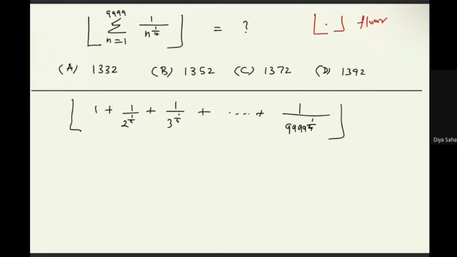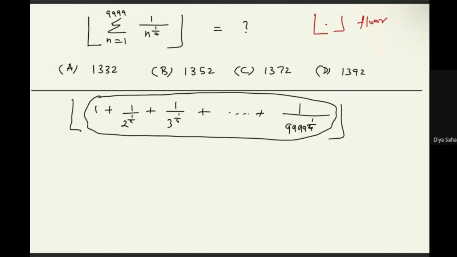So we don't want the value of the inside part. That is one thing you should notice. What they're asking is the greatest integer of this number. That is one hint I can give you right now.